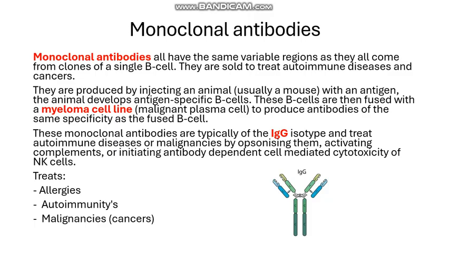And these monoclonal antibodies are typically of the IgG isotype, and they treat autoimmune diseases or malignancies by opsonizing them, activating complement or initiating antibody-dependent cell-mediated cytotoxicity by natural killer cells.